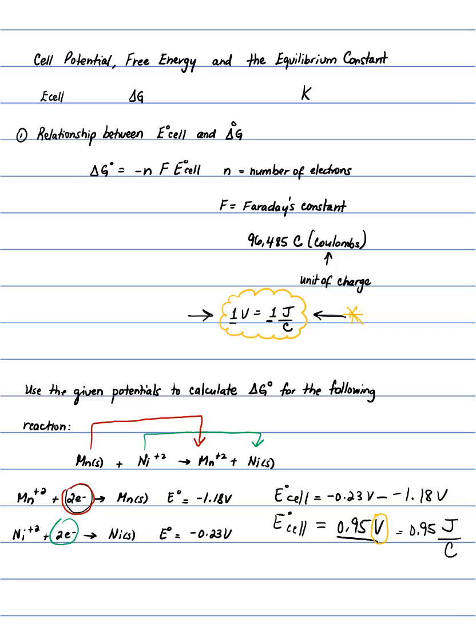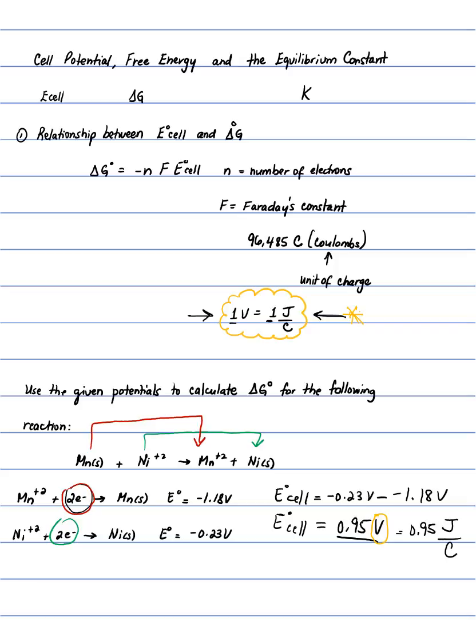So every time manganese solid is being oxidized to manganese plus 2, you're getting 2 electrons, right? Your manganese plus 2 has a charge of plus 2 because manganese solid is losing 2 electrons to give you that manganese plus 2. Every time 1 mole of nickel plus 2 is being reduced, it's gaining 2 electrons.